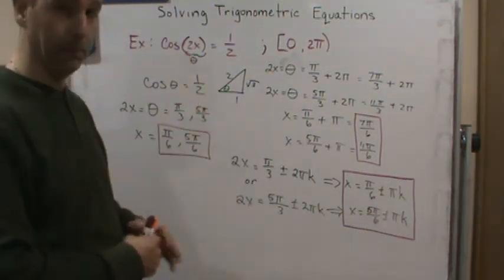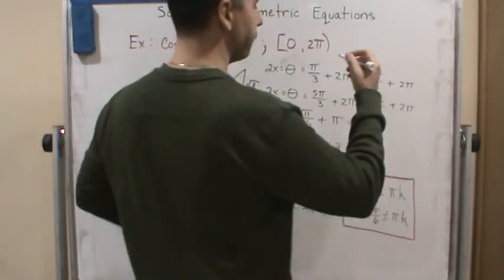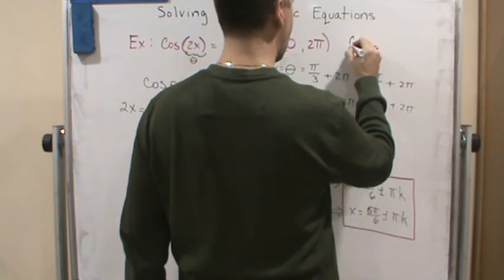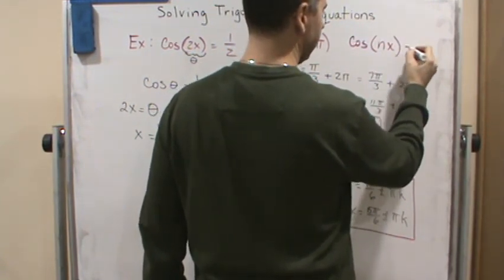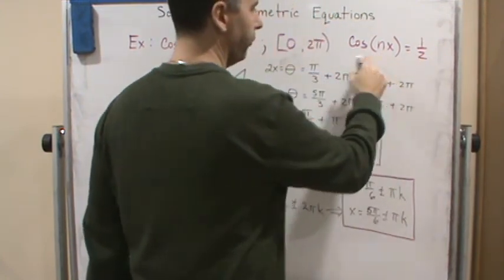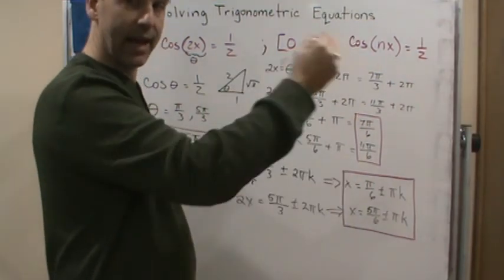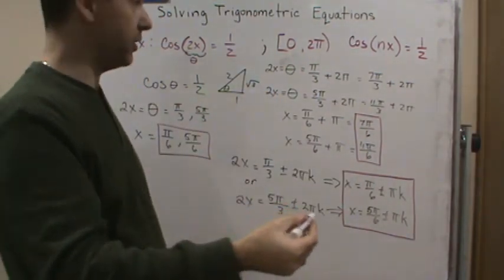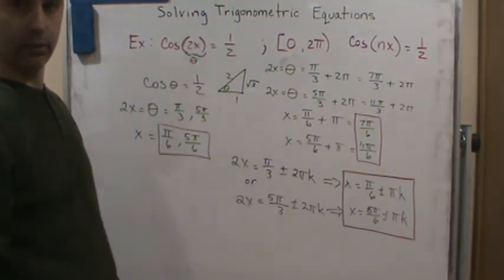So in other words, if it's cosine of n times x equals a half, for example, that means we're going to have to go around the unit circle n times to find all of the solutions between 0 and 2 pi for x.